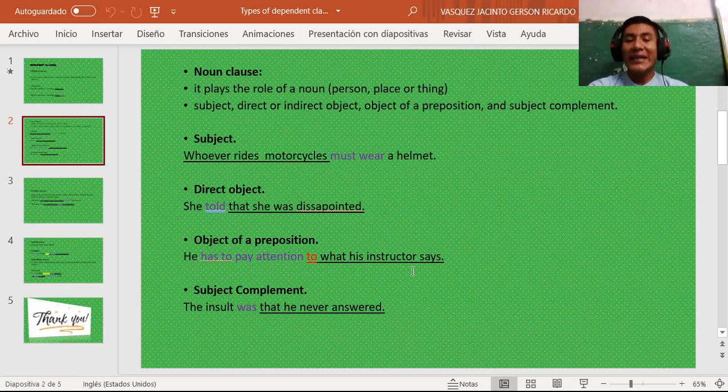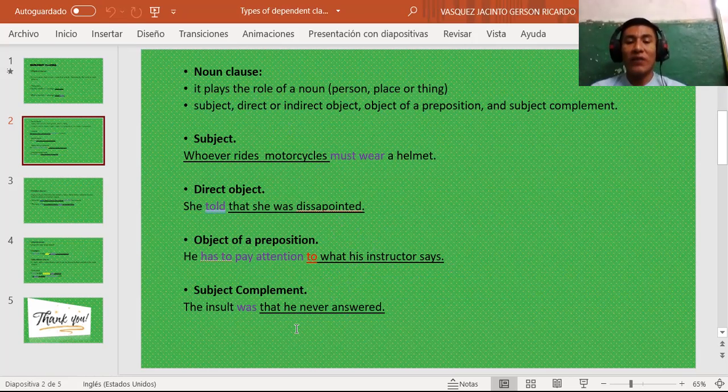What his instructor says is our noun clause, acting as an object of a preposition.